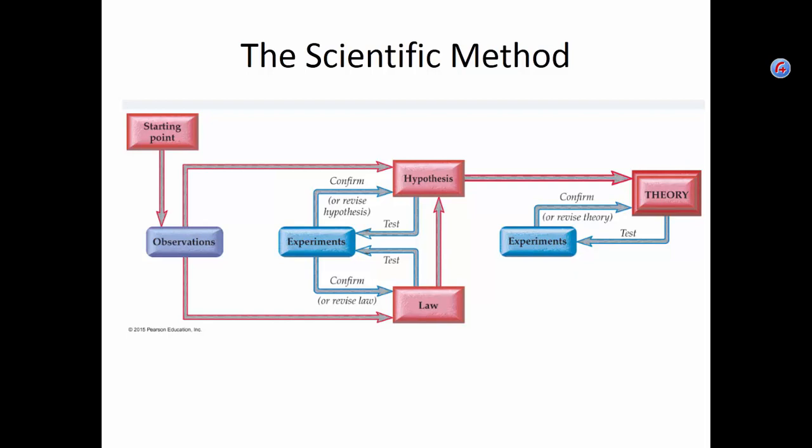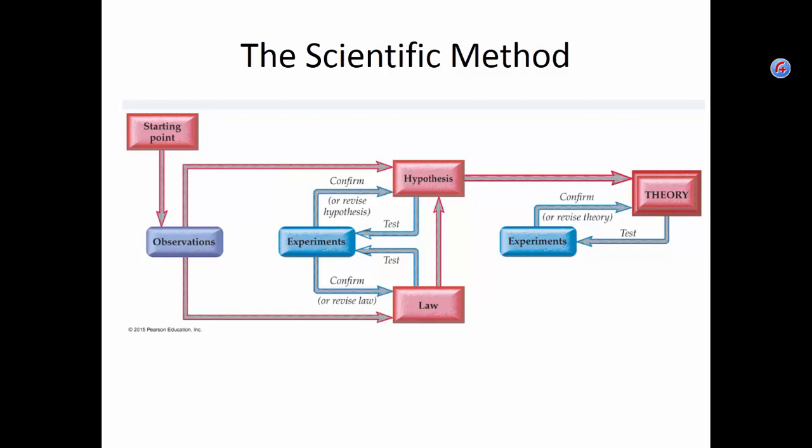Now, to be a scientific hypothesis, it's important that it's a statement that can be proven false. If you have a statement, maybe something you believe, that you would not like to be proven false, then you should not treat it scientifically. So things in science are things that can be proven false.